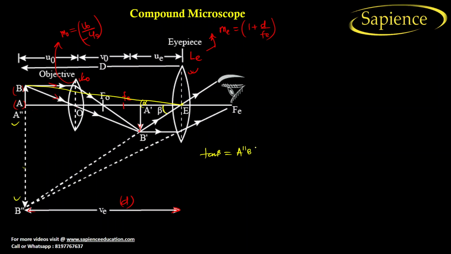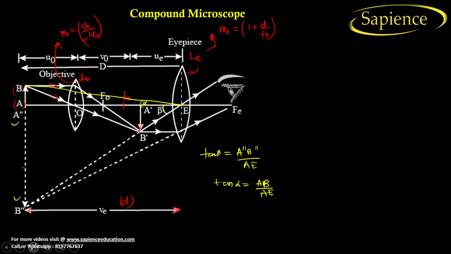A double dash B double dash by AE, and tan alpha can be considered as AB divided by AE, right?